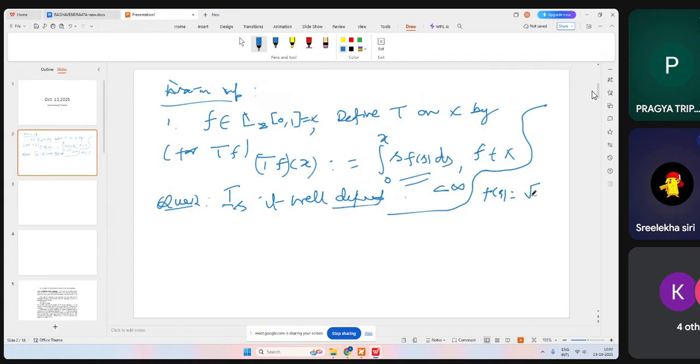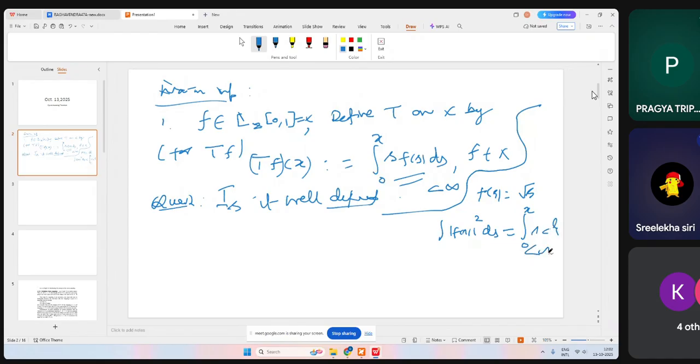Is it in L2? So the integral of mod f squared ds should be finite. This is nothing but the integral from 0 to x of s ds. Is it not finite?